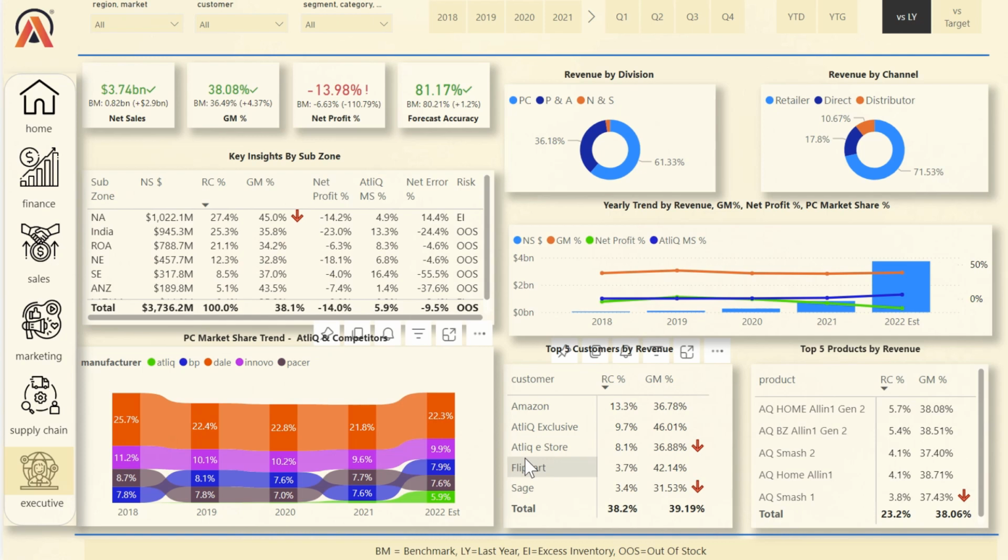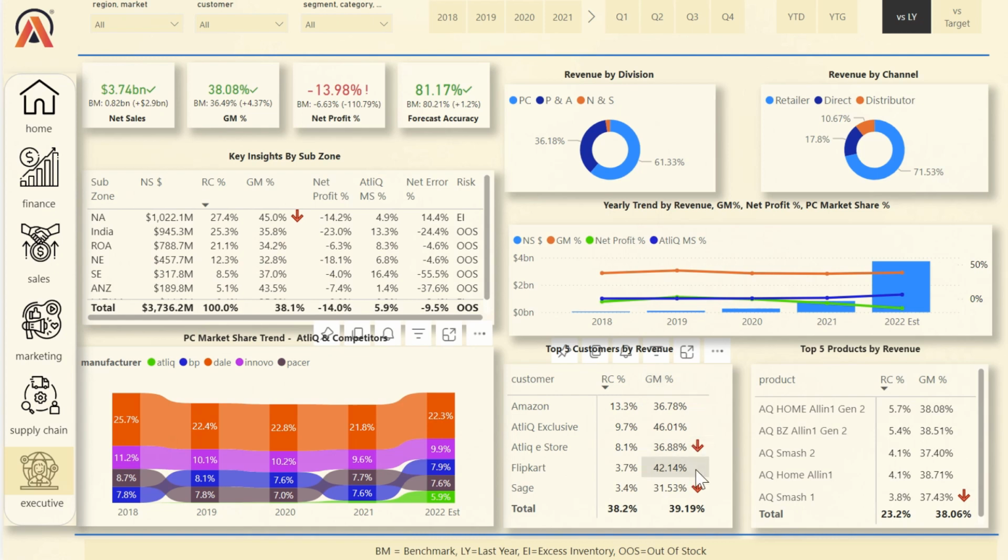But if they want to go for the detailed insight based on different departments, they have to go for the other different views. And here I have used this conditional formatting. In this GM percentage, I have used the conditional formatting, which is if the GM percentage is higher than the GM percentage target, then we will not show any error, otherwise we will show the error.